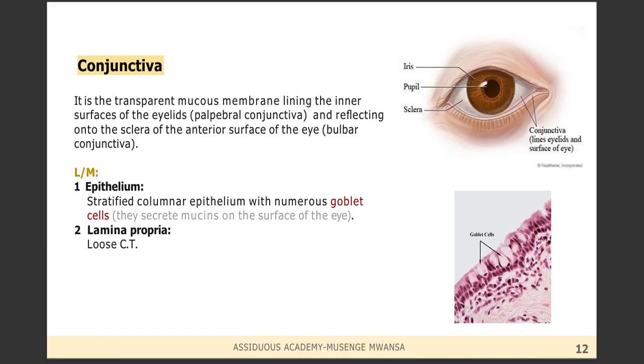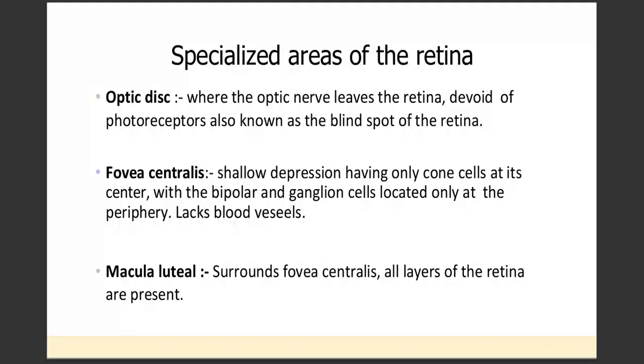So what is the epithelium of the conjunctiva? It is stratified columnar epithelium with numerous goblet cells which secrete mucin on the surface of the eye. It also has a lamina propria and connective tissue. Sometimes the conjunctiva can be inflamed. That's inflammation of the conjunctiva, known as conjunctivitis.